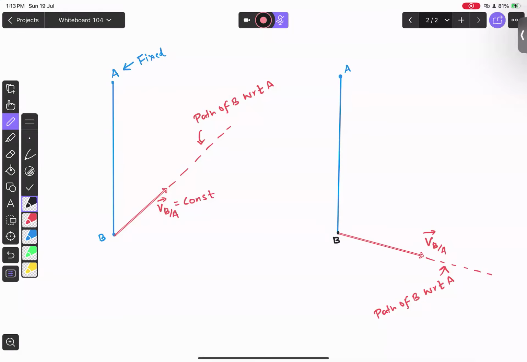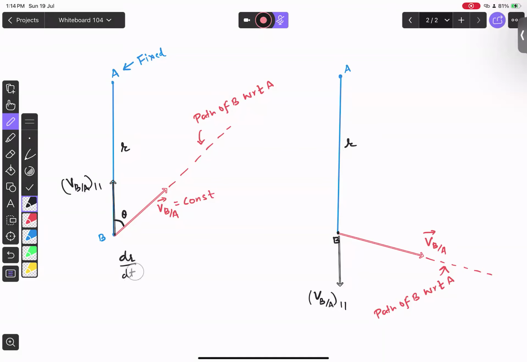So for the separation to decrease, there must be a component of VBA in the direction towards A. For the separation to increase, I need the component of VBA to be directed away from A. The velocity of B with respect to A along the line joining them, I call VBA parallel. I want it to be towards A, and only then can I say the separation R between them will be decreasing.